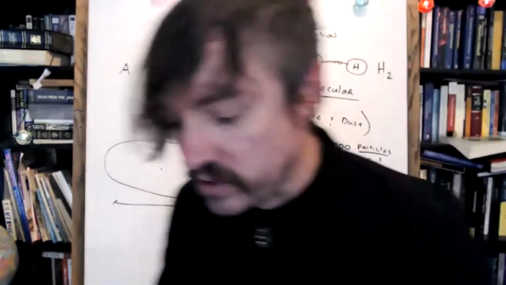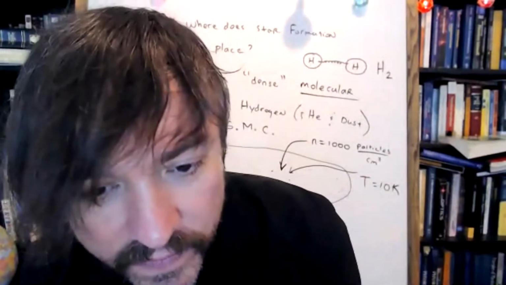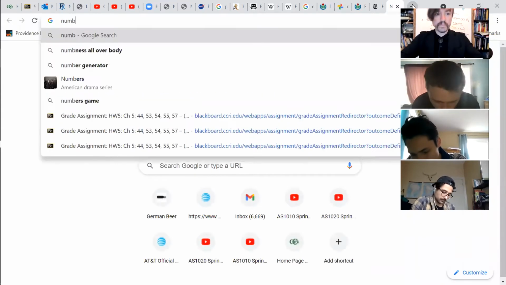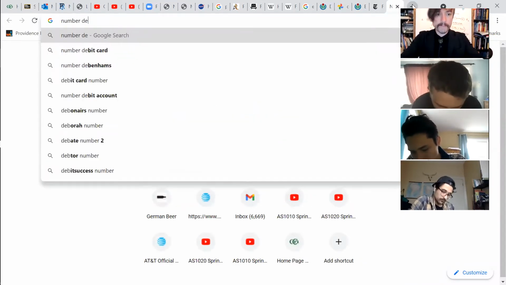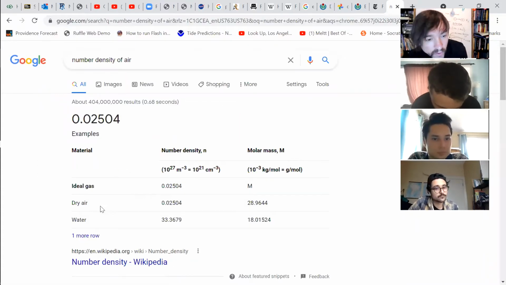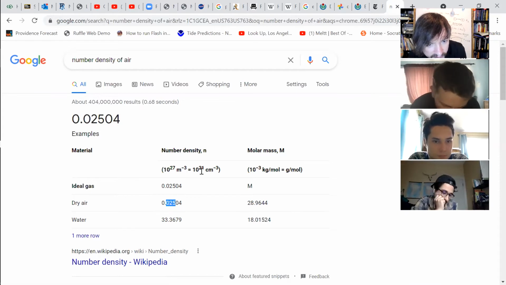How does 1,000 particles compare to the density of air in this room? Let's look up the number density of air at sea level for comparison. According to this, dry air at sea level is 0.25 times 10 to the 21, so 10 to the 20, 10 to the 19.